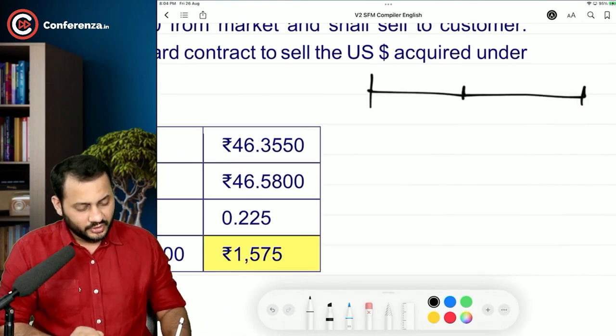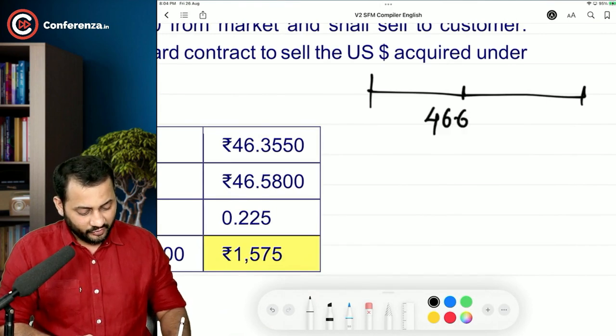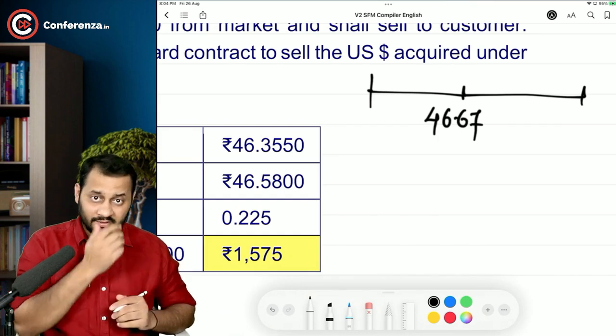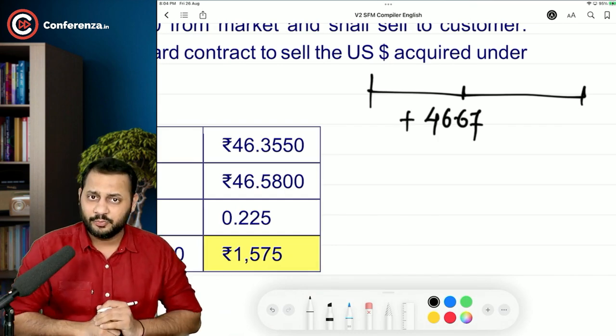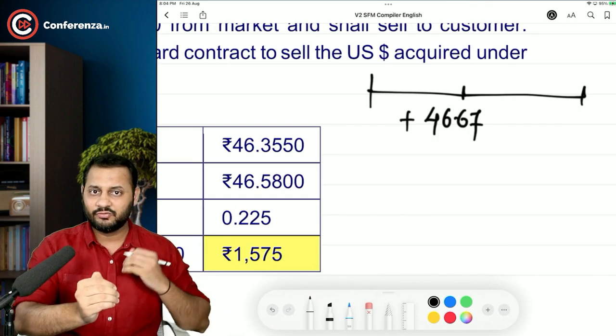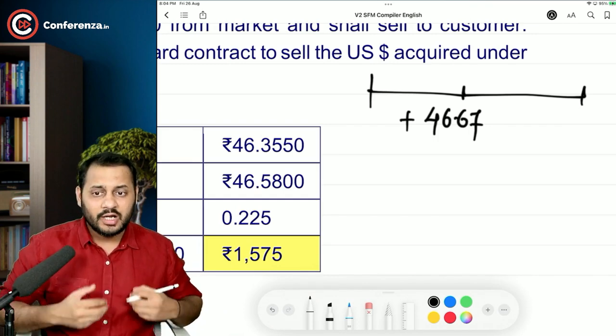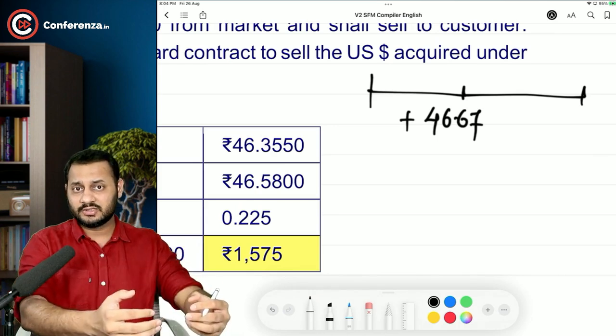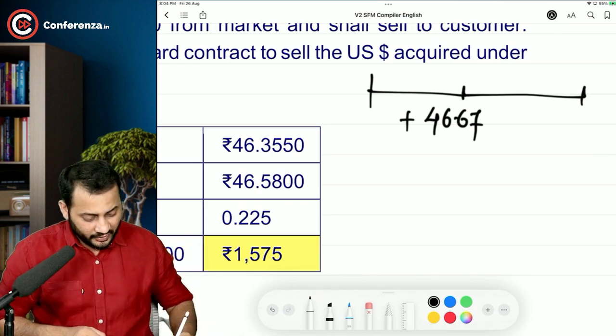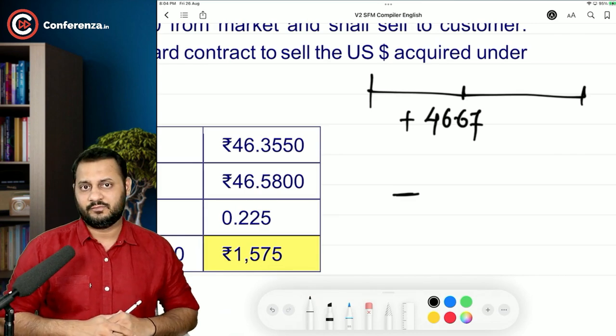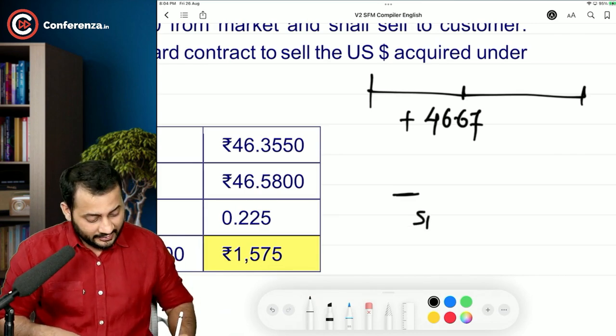So we sold the customer $7,000 at 46.67 at an early date. So we received this much rupees. By selling the dollar, we received rupees. And think once again, how come we are going to sell him the dollars at an early date? We will have to buy those dollars at spot.